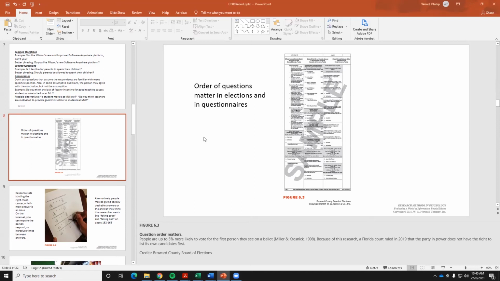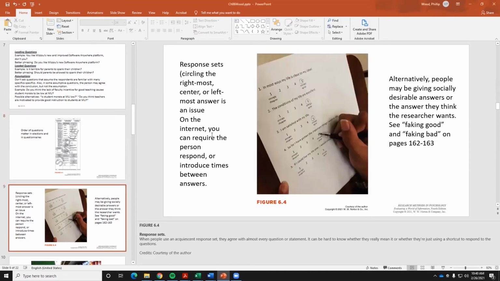So you're designing the questionnaire on the internet or in paper and pencil. Response sets are an issue. Many of you have been through Psych 1 and taken things on the internet.